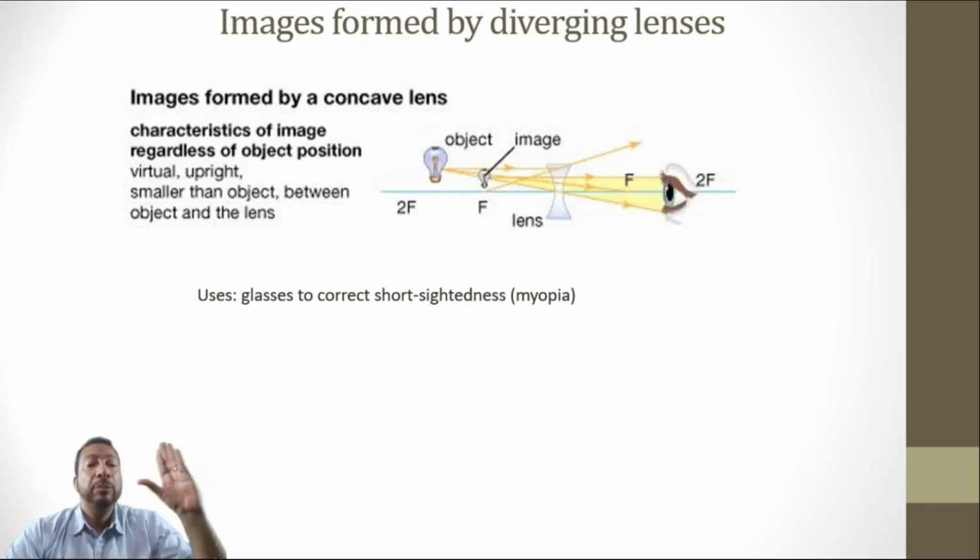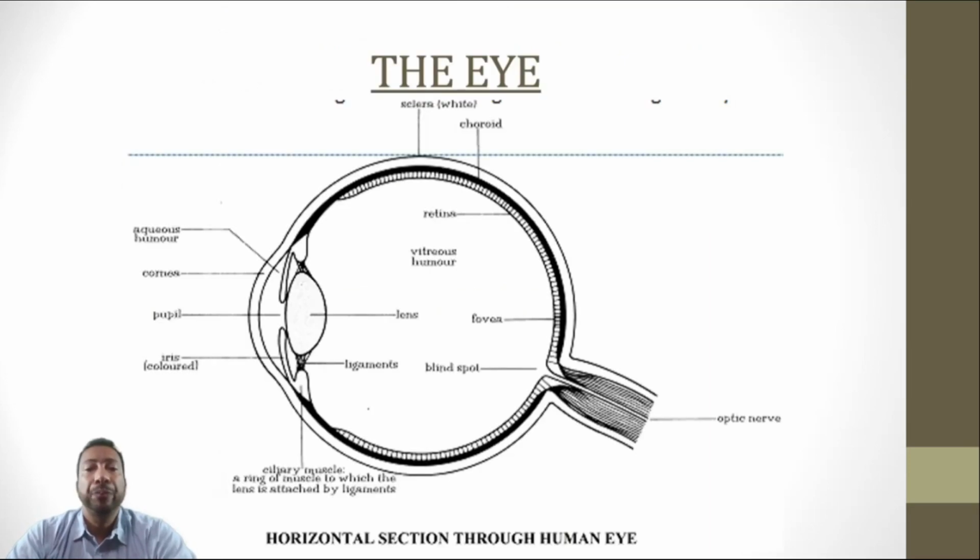A diverging lens produces one that is smaller. The location as well. The converging lens produces one that is further away. The diverging lens produces an image that is closer to the lens. Those are some good comparisons to remember when looking at the real images and the virtual images.